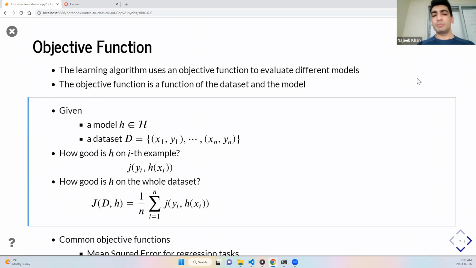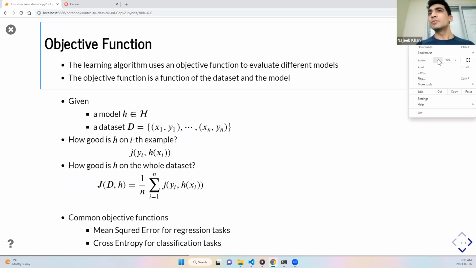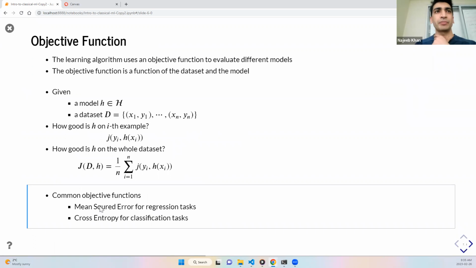There are some common objective functions, such as the mean squared error for regression tasks and cross entropy for classification tasks. We will look into the mean squared error for regression tasks in more detail in the coming slides.